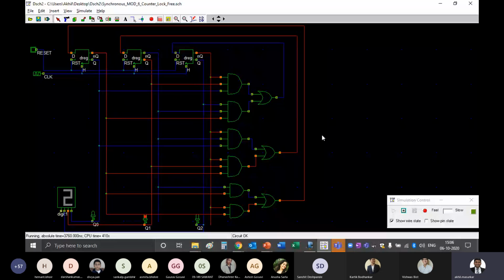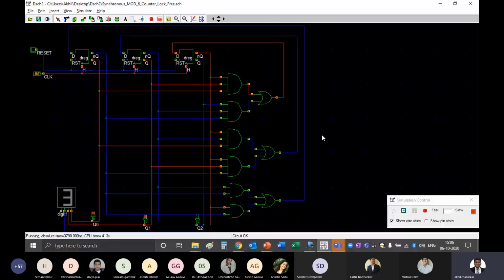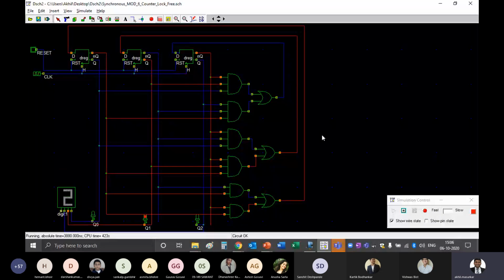Vishwas, are you following this? Yes, sir. Here, because you introduced those zeros, your hardware has slightly increased. You can see that there are more 3 input AND gates. In the previous circuit, we had 2 input AND gates.